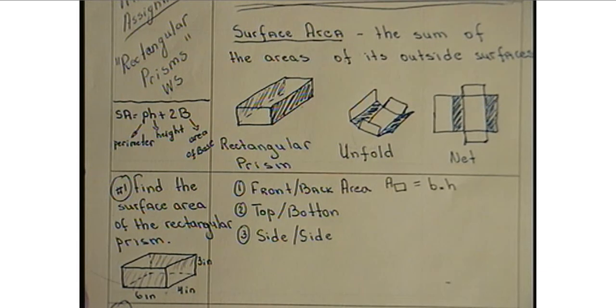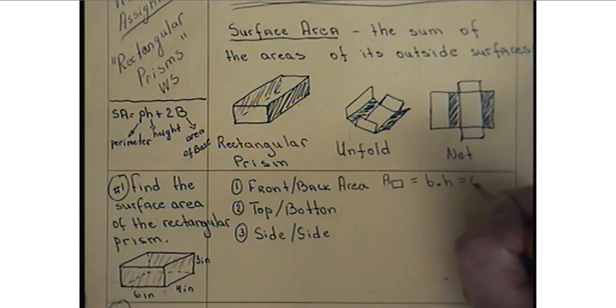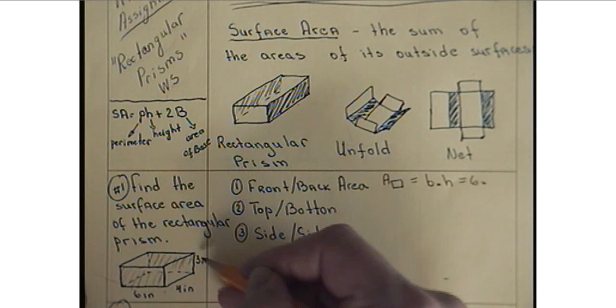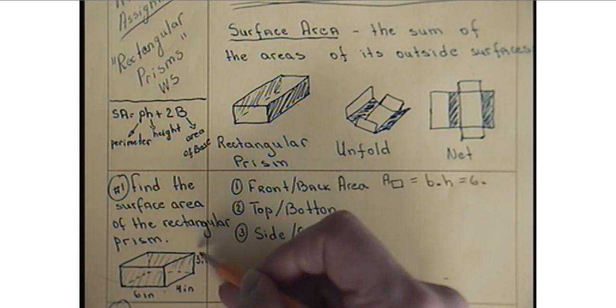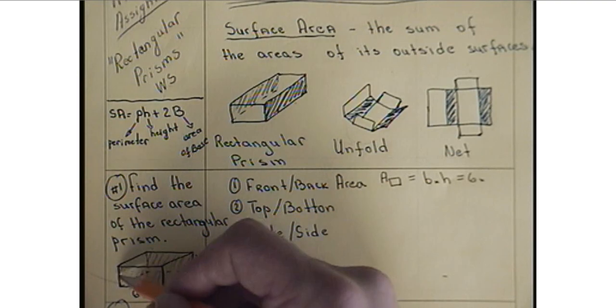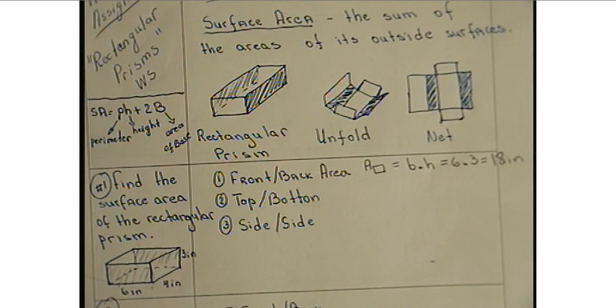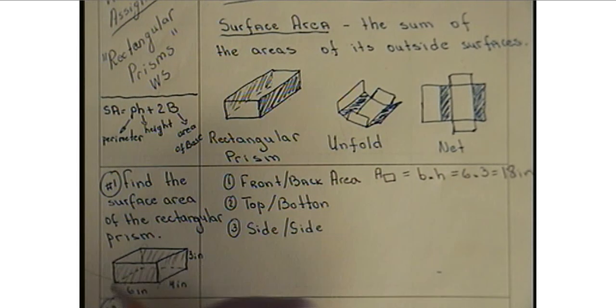So the area will be equal to the base, 6 inches, times the height, which is given to be 3 inches. So 6 times 3 will be equal to 18 square inches. Now that will be one area, the front, which is 18.